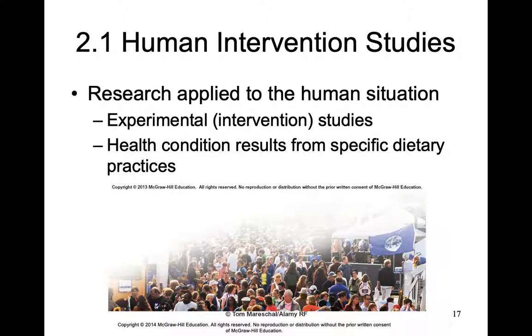Now, as I alluded to with the past slide, that's a challenge to do, because if we have a suspicion that a particular dietary practice is going to increase health risks, increase disease or death, that's not ethical to force a population of people to do that. So it's kind of a challenge as far as nutrition and physical activity research goes.